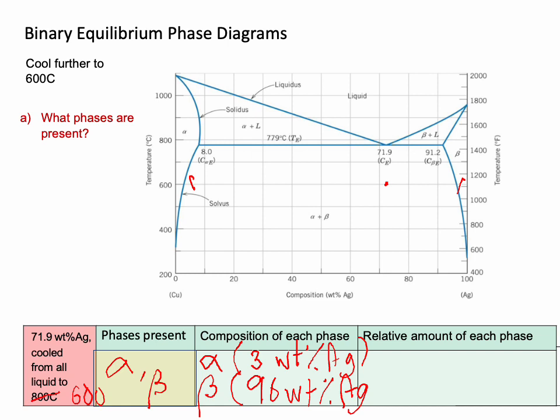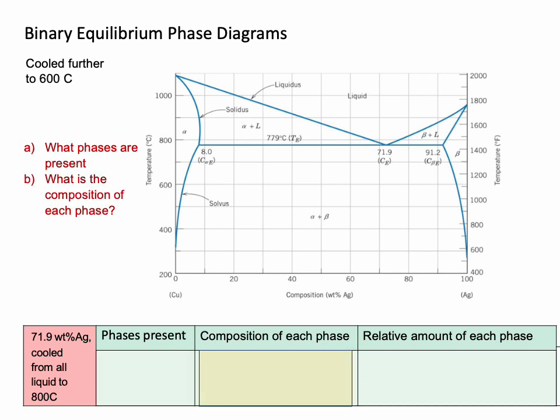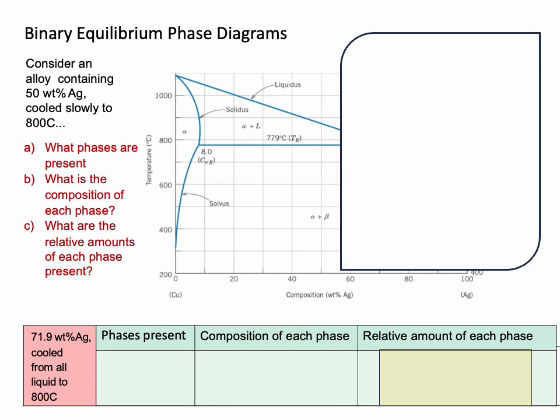So my fulcrum is at 71.9. My beta is at 96. My alpha is at 3. So the relative amount of alpha is going to be the length on the other side of the fulcrum, which is 96 minus 71.9, divided by the total length, which is 96 minus 3.